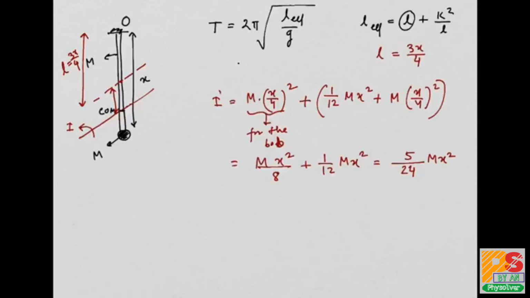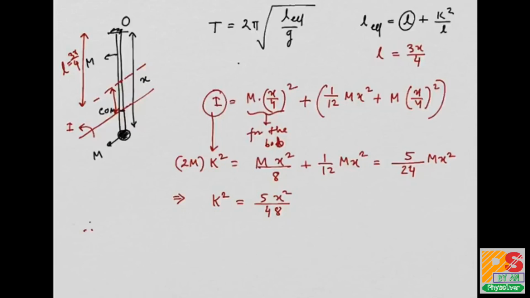Now I can be written as total mass into k square, we all know from the definition of radius of gyration. So k square will be 5x square by 48, right student?